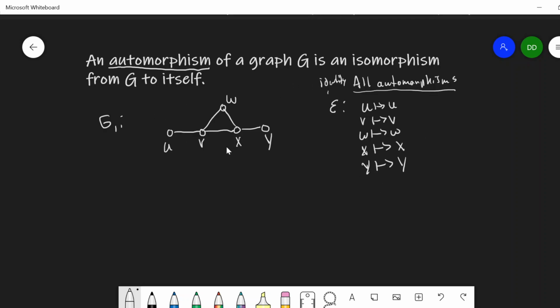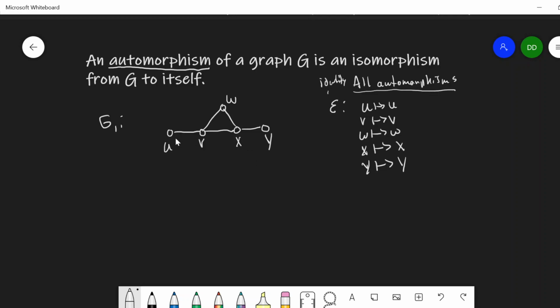But this graph has another automorphism on it. One way I like to think about automorphisms is if you want to keep the graph looking exactly how it is, but relabel it. I can move around vertices in this graph, but I need to place a vertex where there used to be a vertex.